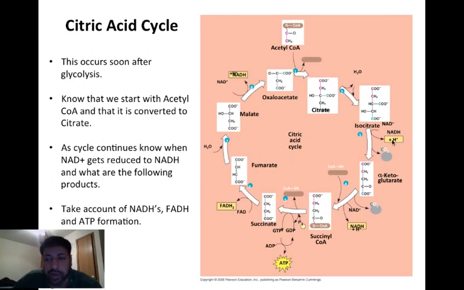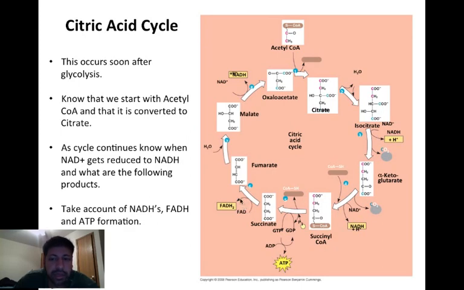When we go from alpha-ketoglutarate to succinyl-CoA, we are also making another NADH. And between malate and oxaloacetate, we make NADH. And it's between succinate and fumarate that we make FADH.